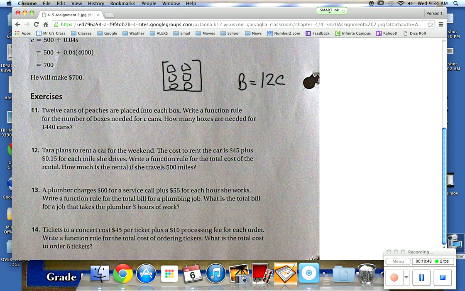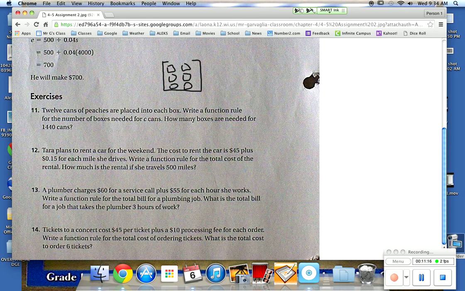If I did this, it's not right, is it? We have 12 cans of peaches in 1 box, and we want to figure out, if we have 1,440 cans, how many boxes we have. We're going to divide by 12.